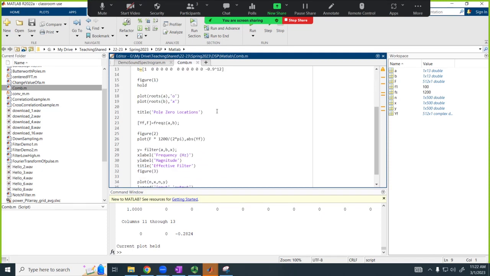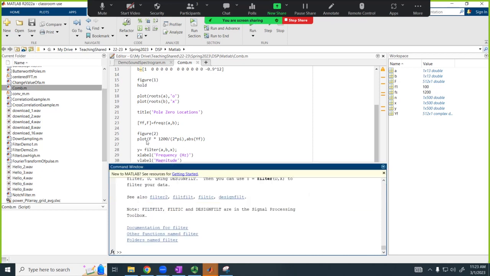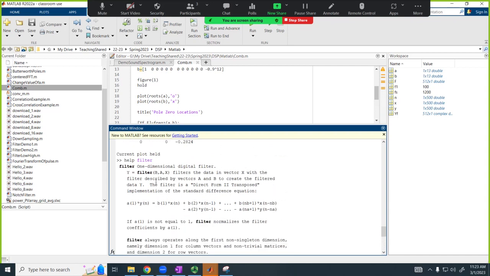So what does this filter do? The filter takes the numerator and denominator of the filter, and you give it the input. And then it will calculate the output for you. Does that make sense, everybody? So if I do a help on the filter, this is the difference equation that it implements.